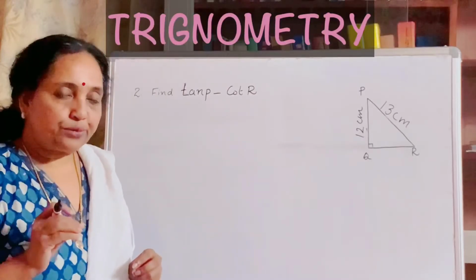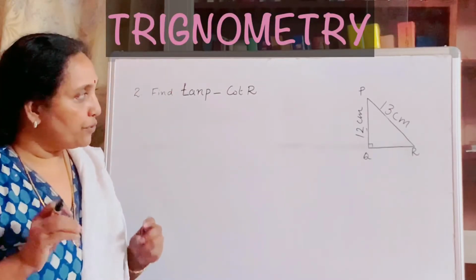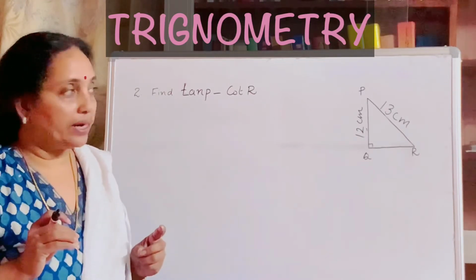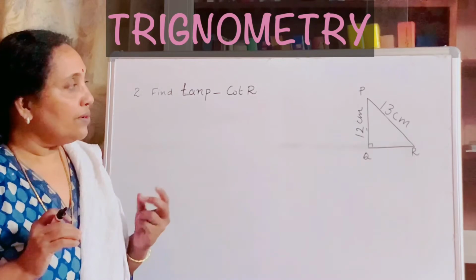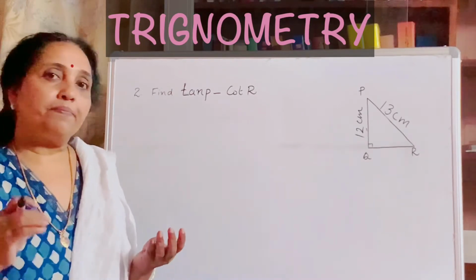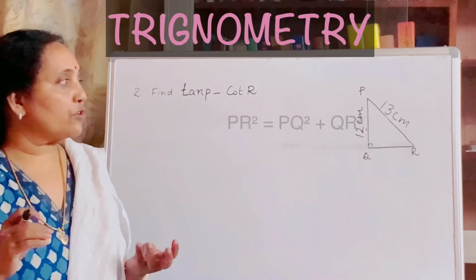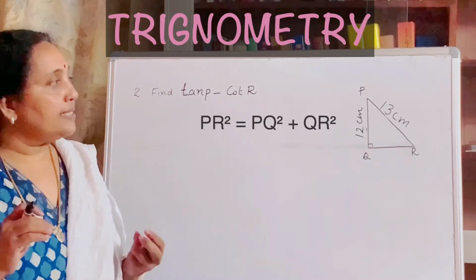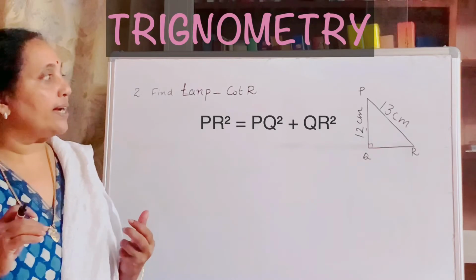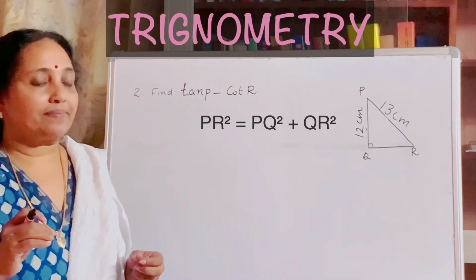In question number 2, find out the measure of QR in right triangle PQR using Pythagoras theorem. Okay, so by Pythagoras theorem, PR square is equal to PQ square plus QR square. That is 13 square is equal to 12 square plus QR square.